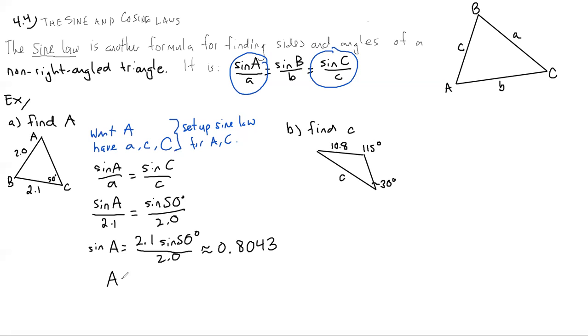And so as always, A is going to be the sine to the -1 of 0.8043. My calculator's annoying. Which is about 53.4 degrees.